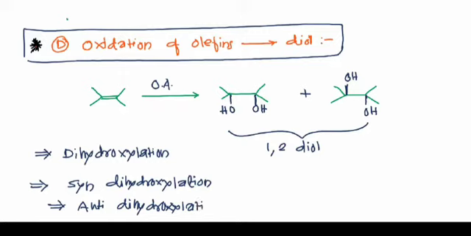So for the orientation of the OH, we classify it. Here you must remember, you require the oxidizing agent, your olefin is the starting material, and that will form the diol. So it may be syn, it may be anti. Now which reagents are required?